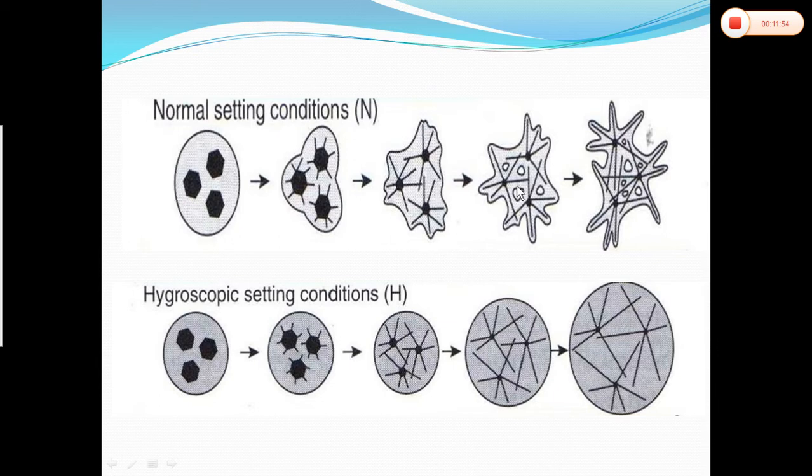As dihydrate formation continues, water will be absorbed completely and the growth of one crystal is obstructed by the growth of the other crystal. This happens for thousands of crystals. Then it finally leads to expansion.